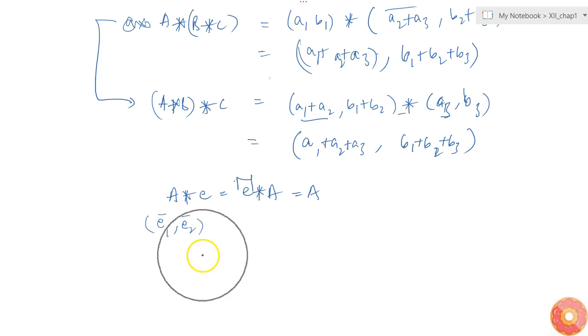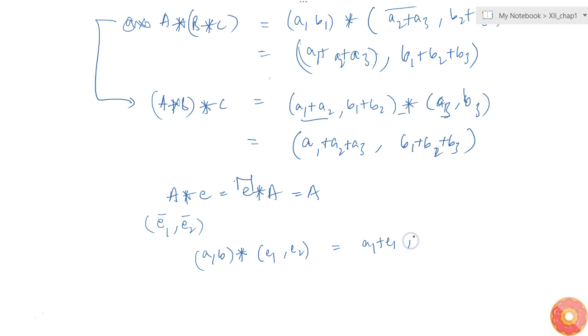So now let's take (a, b) star (e1, e2). This will be equal to (a plus e1, b plus e2). We know that this must be equal to (a, b). This will be equal when the corresponding elements are the same, that is first element equal to first element, second element equal to second element.